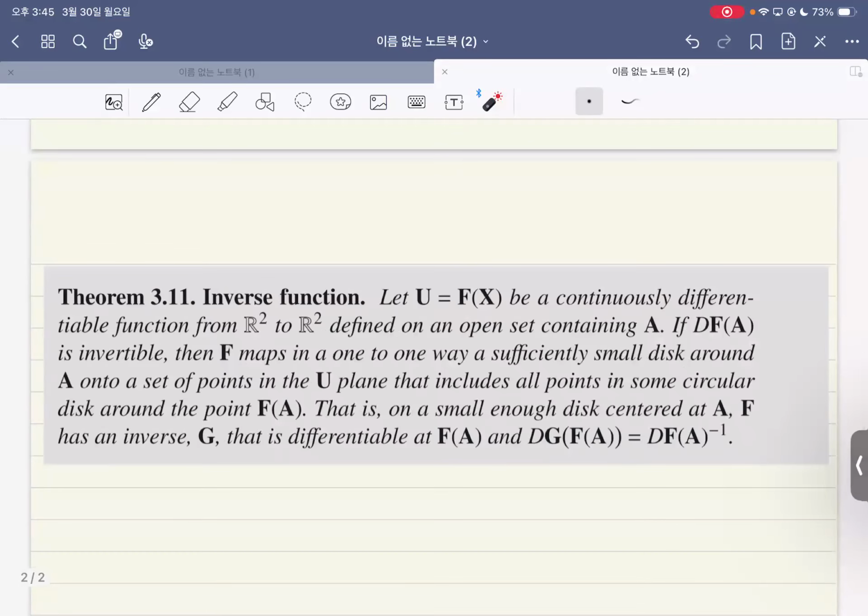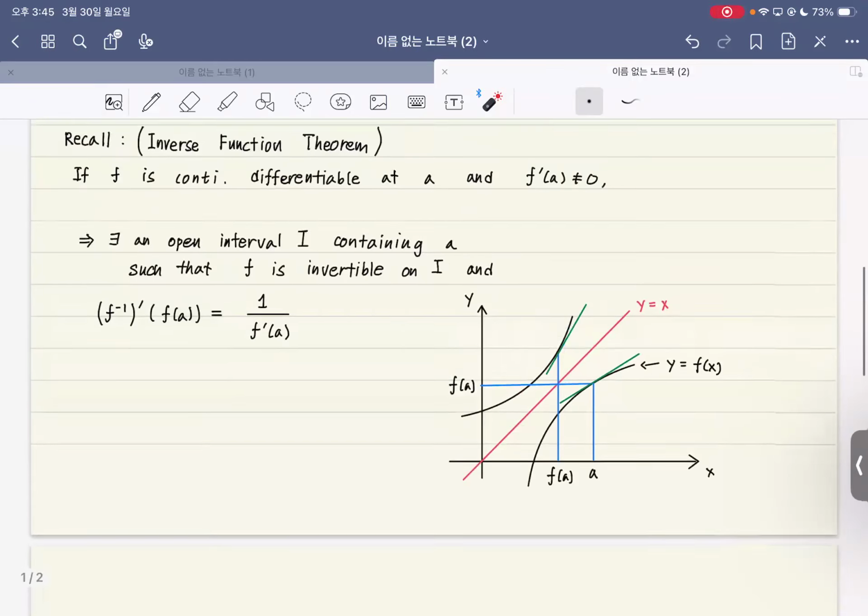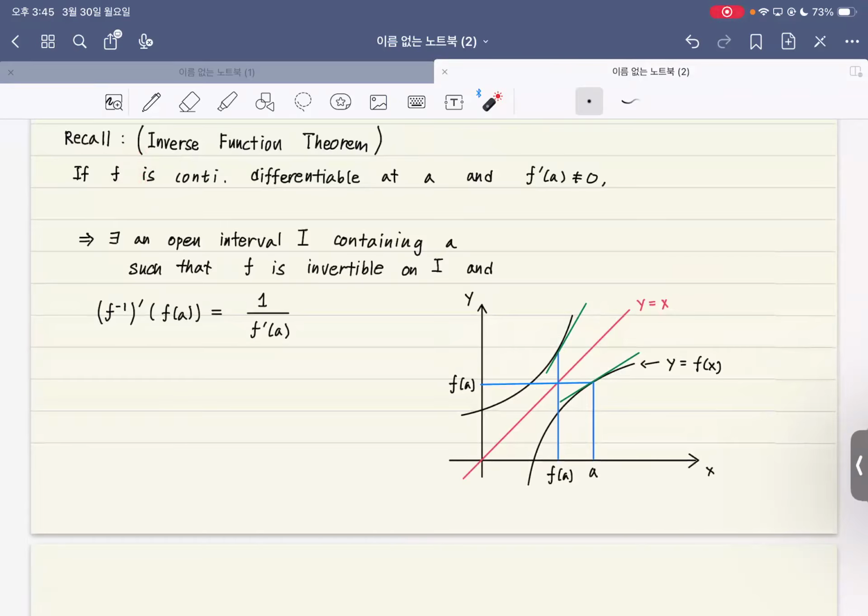I really want to give you a couple of seconds to understand the theorem, and I hope you realize the similarities between this inverse function theorem and our freshman inverse function theorem. There, f is differentiable, and we assume the derivative at this point is non-zero. Then my function is locally invertible, the inverse function is also differentiable, and its derivative is the inverse of the previous derivative.